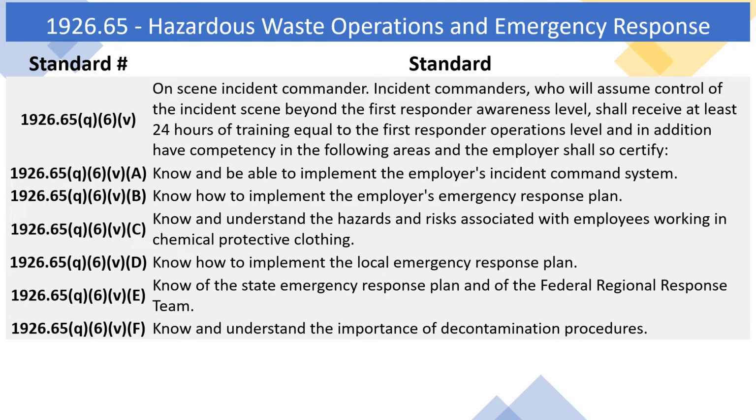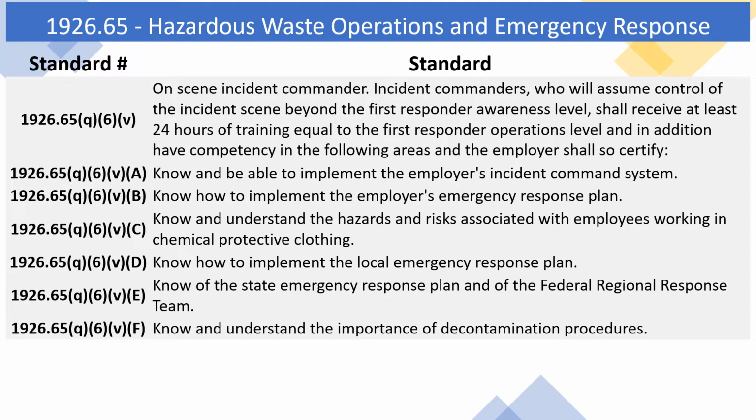V A. Know and be able to implement the employer's incident command system. V B. Know how to implement the employer's emergency response plan. V C. Know and understand the hazards and risks associated with employees working in chemical protective clothing.